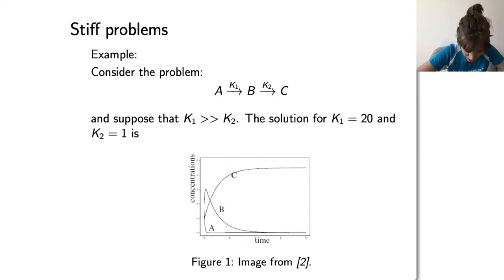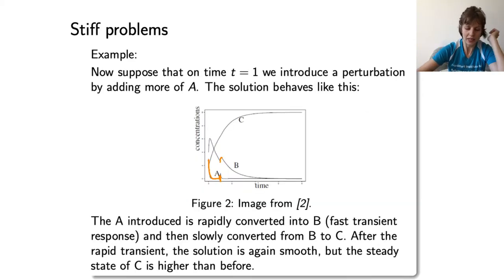But more than that, before, the steady state of C was around 4, okay? And now it's around 8.5, let's say 9, okay?